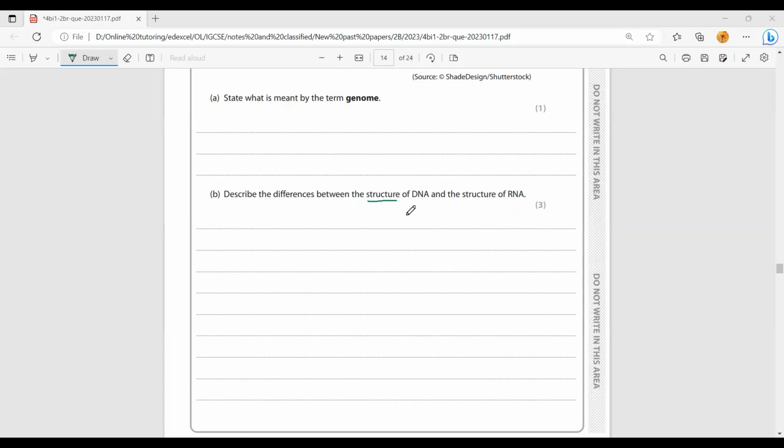Okay? If you're talking about strands, then the strands in both of them. What else? DNA contains thymine. Yes. However, RNA contains uracil. DNA contains deoxyribose sugar. Yes. But RNA contains only ribose. Bravo, excellent.